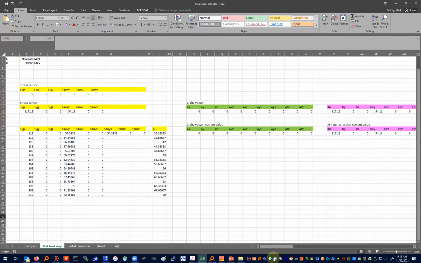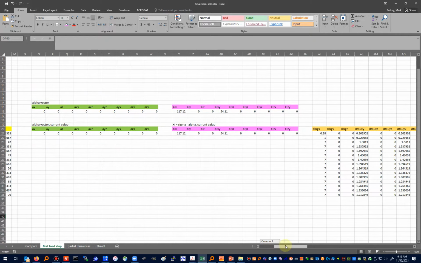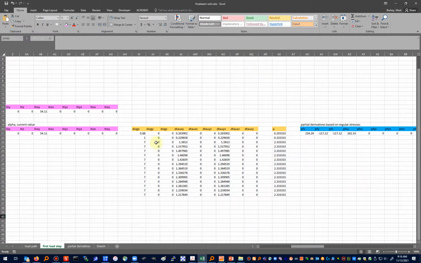Now, one thing that I noticed as I was looking at the spreadsheet, my first increment is pretty small, and even my second increment is pretty small. I'm probably going to have to go back and refine these increments of the stress so that I have smaller changes in stress. My rule of thumb is I kind of like to be around 1 megapascal or so.